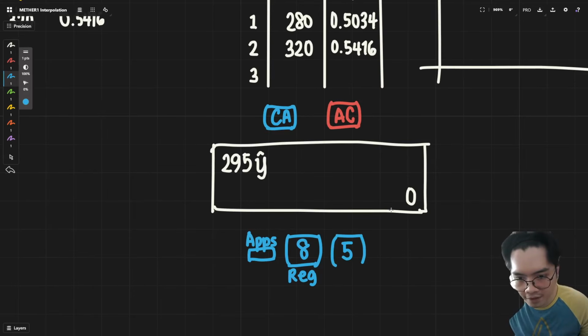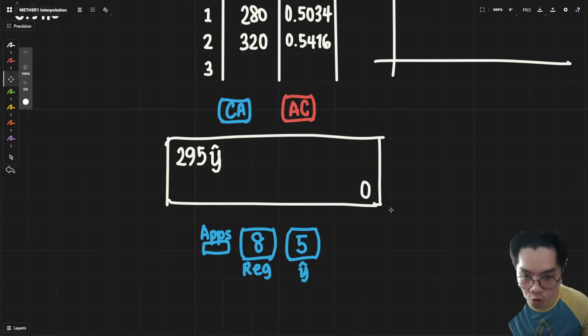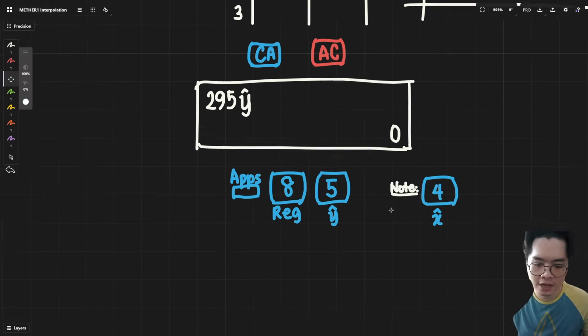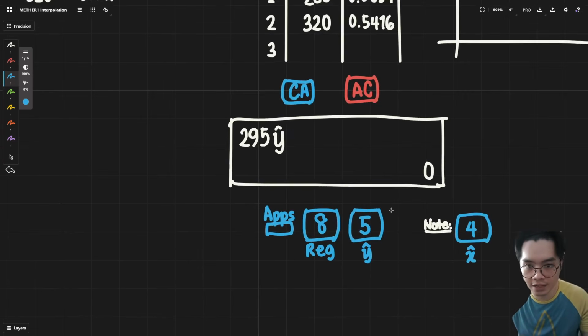Number 5 is y hat. And number 4 is x hat. So you might want to remember that as well. Now, we will press y hat. And so that is how you get it in your Canon.